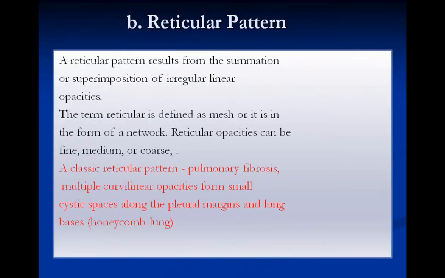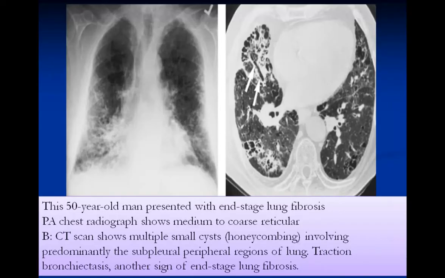The reticular pattern results from the superimposition of irregular linear opacities. The superimposition of these irregular linear opacities gives rise to the reticular pattern. The classic reticular pattern is seen in pulmonary fibrosis. You see this diagram, showing a chest X-ray as well as a CT scan.